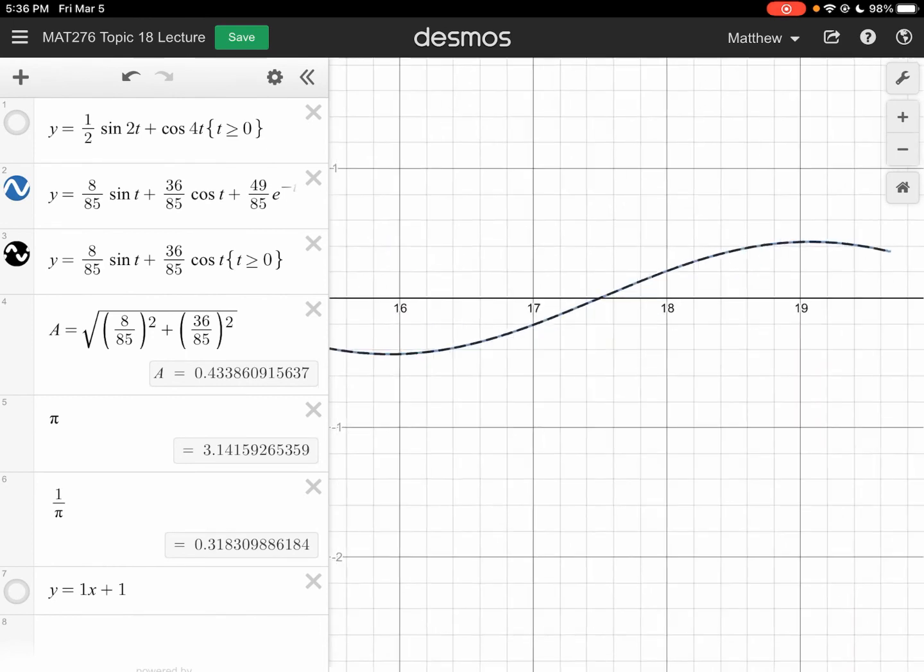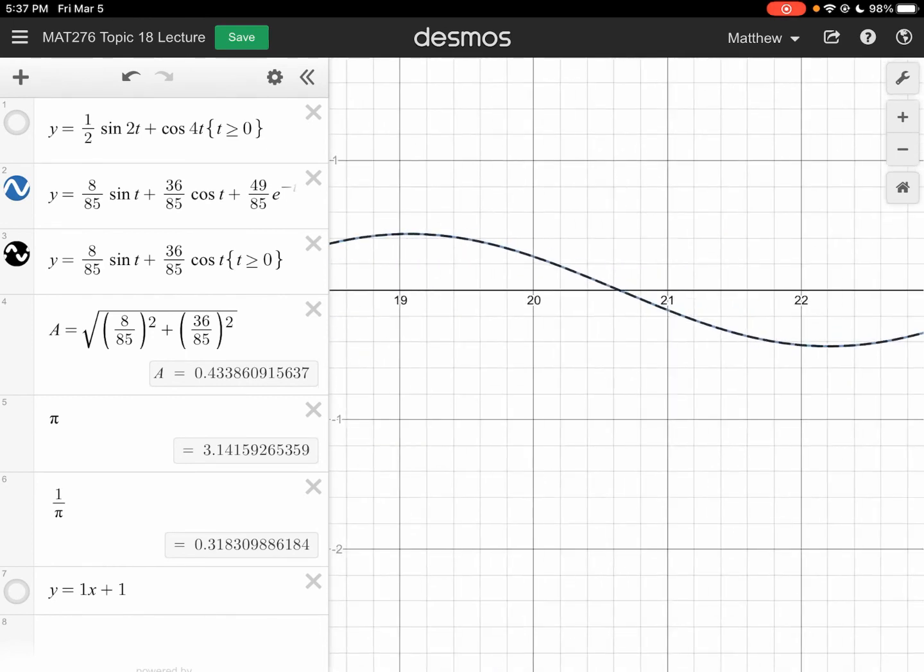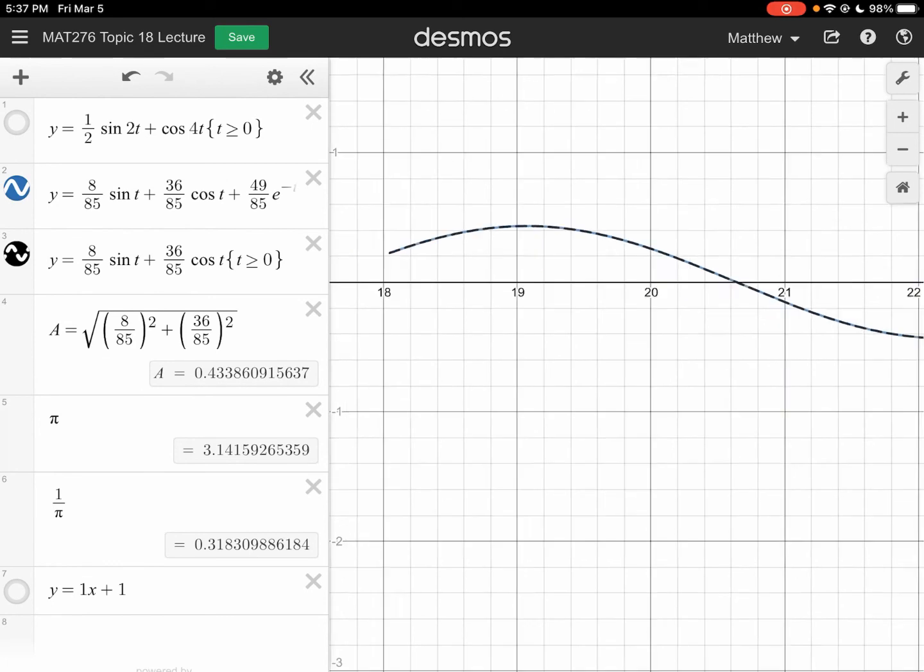And the steady state, this harmonic motion, is due to the fact that we have an external force acting in a harmonic manner on this system.